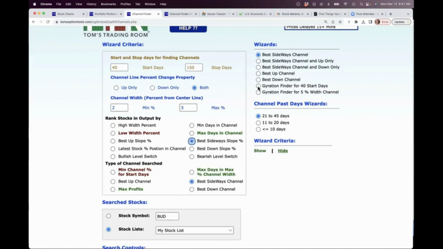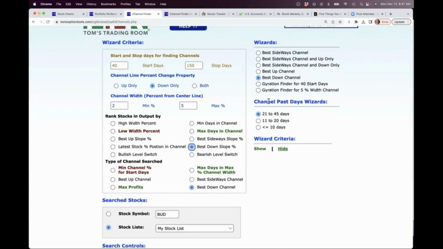Now, the thing is as soon as you hit a wizard setting, let's say we're going to look for bullish trades at the moment. Okay, I can set best up channel. And then if I change this to 5, and then I'm going to go look at down channels. The minute I click down channels, it resets it to 999. So this is something that you have to do every time you change the wizard setting.